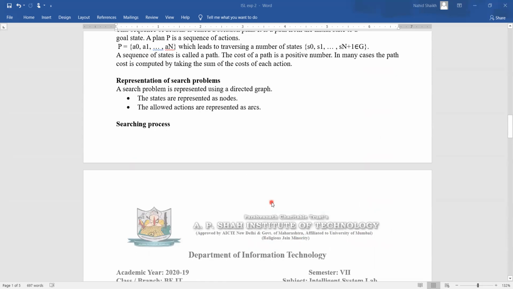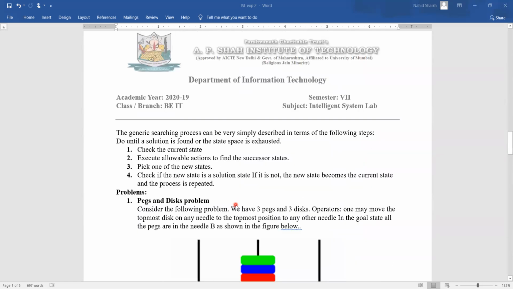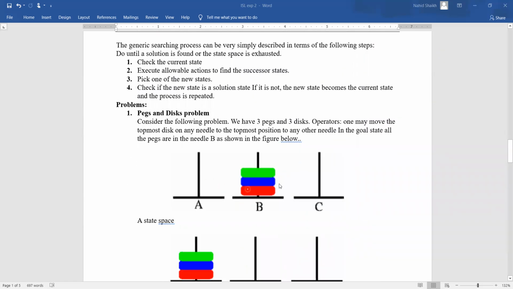Now, the next thing which you need to define for the state space search is the goal state. What is the goal state? Suppose my goal state is that all the disks should be present in the same color order in the peg C. That is my aim, or you can say goal. I don't know exactly which path needs to be followed to get all these disks on the peg C. But eventually I'll try many combinations.